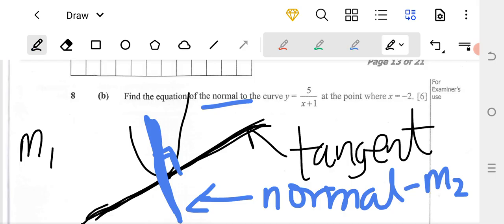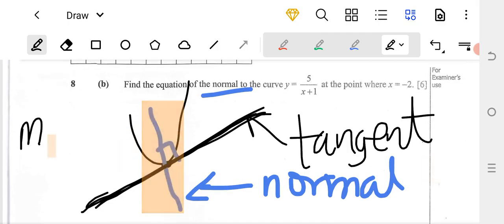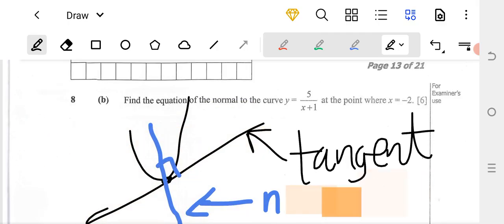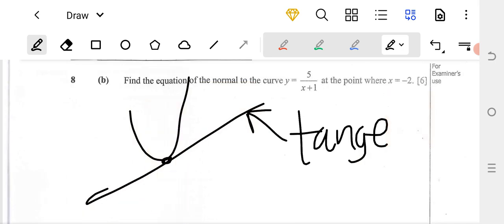So we are saying m1 times m2 is equal to -1. That's the product of the gradients of two perpendicular lines: it's going to give you -1.